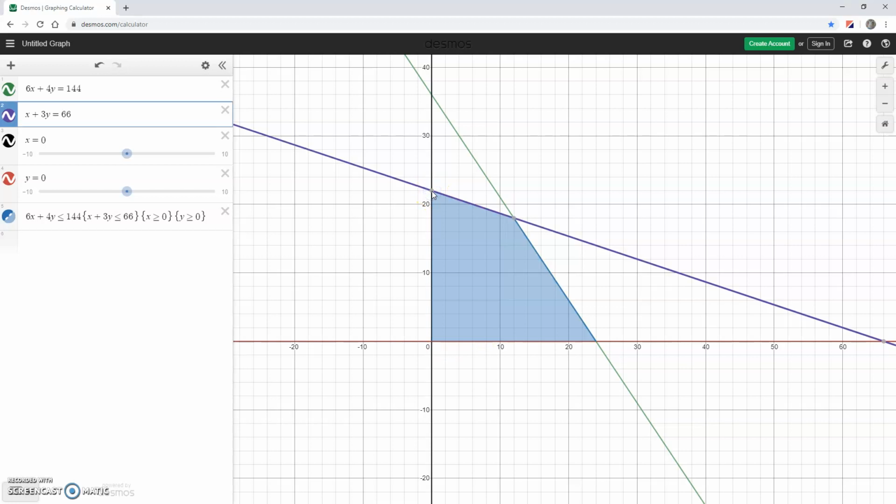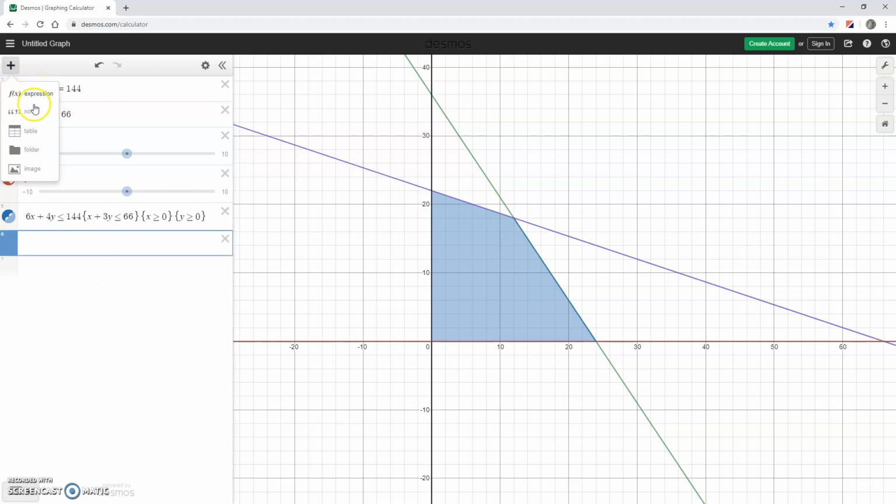Again, we have a few corner points here, which we'll plug into a table of values to determine where we get that maximum value.